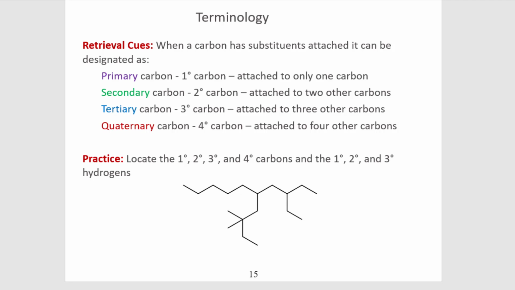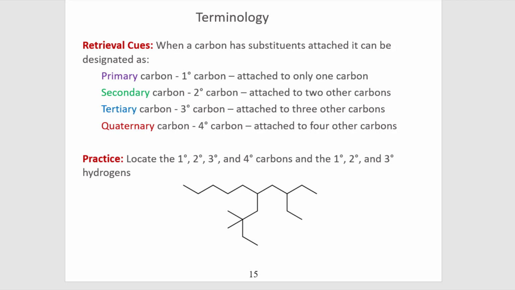Words that we're going to use a lot in this course. So the first retrieval cue is when a carbon has substituents attached to it. We can actually start using words like primary, secondary, tertiary, and quaternary. These are going to help us understand how bulky the molecule is at a given position. So if you think about methyls, ethyls, butyls, and you think about inductive effects, way back to chapter 1, when I was trying to get you to tell me if something was donating or withdrawing.